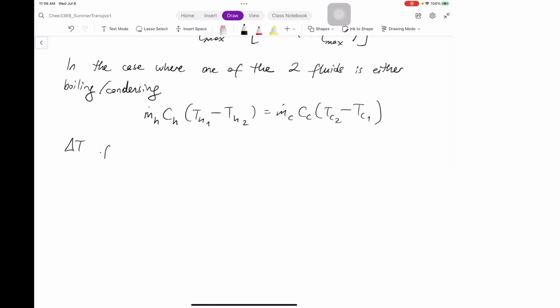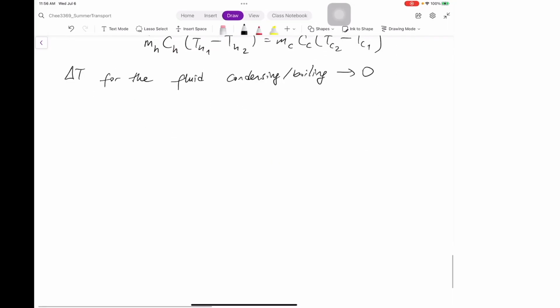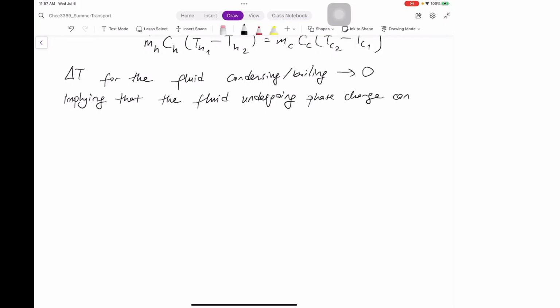And delta T for the fluid condensing or boiling, you know that it goes to 0 because you probably have no temperature change if it's a pure fluid, implying that the fluid undergoing phase change can be interpreted as having an infinite specific heat capacity, right?